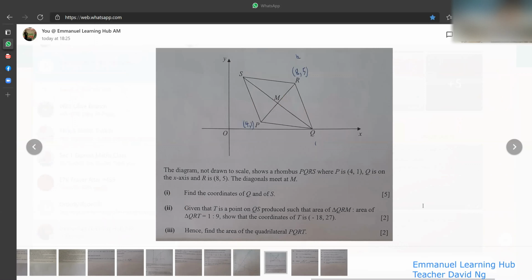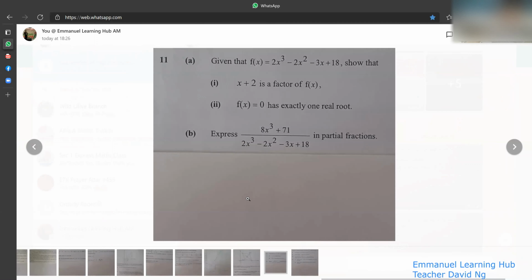Next question is question 11, part B. I think it's linked to A. Yes, it's linked to A, because the f(x) is this guy.